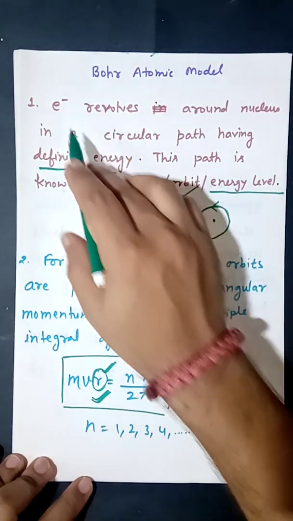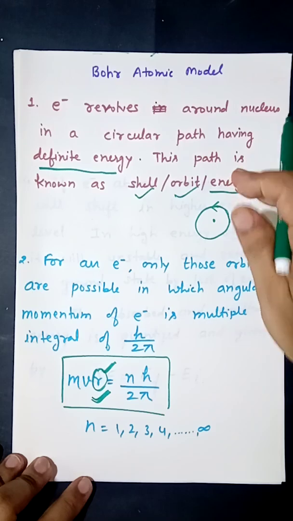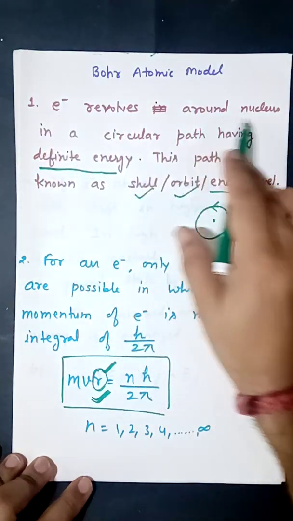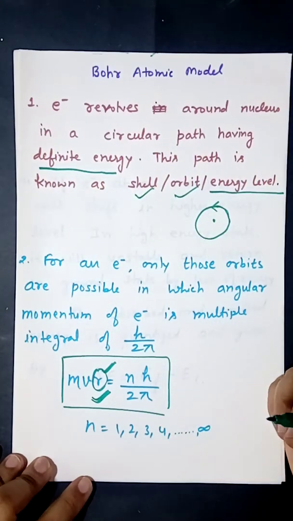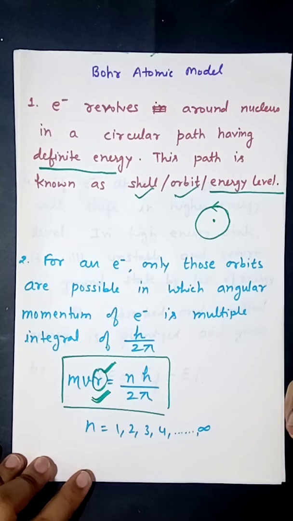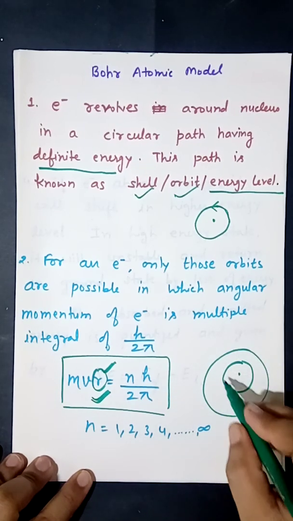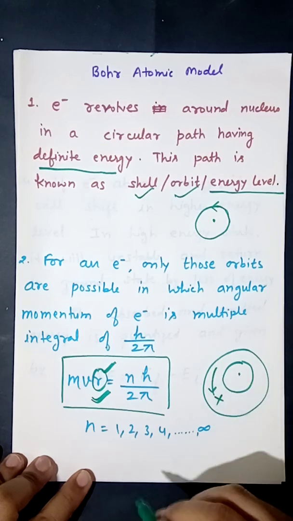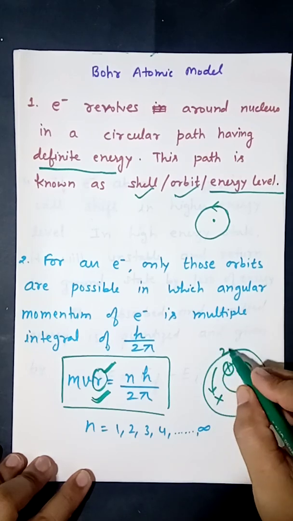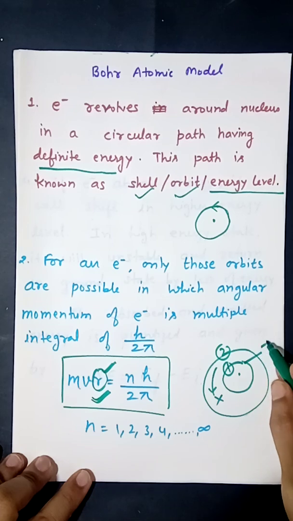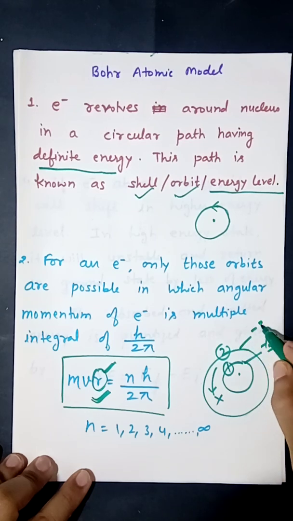I repeat, what is the meaning of this statement? You can compare the first and second. The first says the electron revolves around the nucleus in a circular path having definite energy. Suppose this is the first shell and this is the second shell. Why can't the electron revolve in between? The energy of the first is minus 13.6, as we calculated earlier. The energy of the second is minus 3.4.